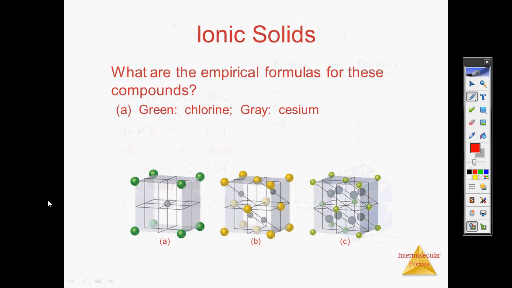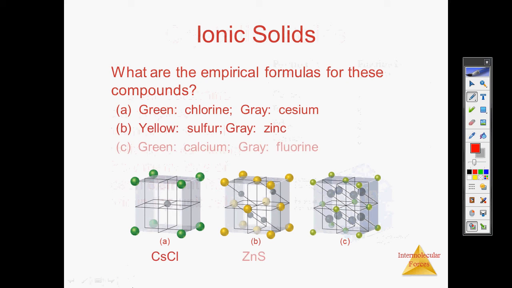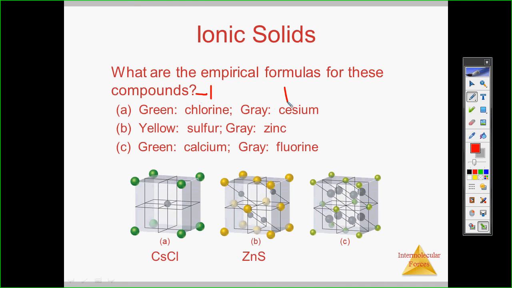If I got this question, for me it would be very simple. All I would do is look at the periodic table. I would say chlorine's a -1, cesium's a +1. What's the empirical formula? If this is a -1, this is a +1. And so they say determine it from the picture.